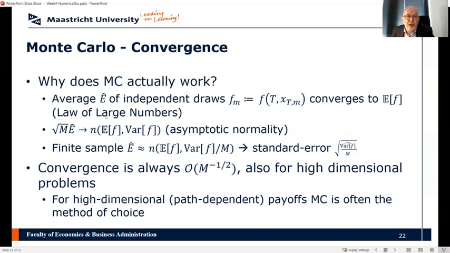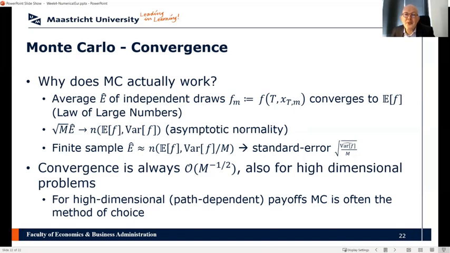I know from the law of large numbers that the average E hat estimator is converging to the true value. And I have even this asymptotic normality result. If I scale this up with the square root of m, then I am converging asymptotically to a normal distribution with the true mean. And the variance of the estimator is equal to the variance of the payoff that I'm trying to compute.